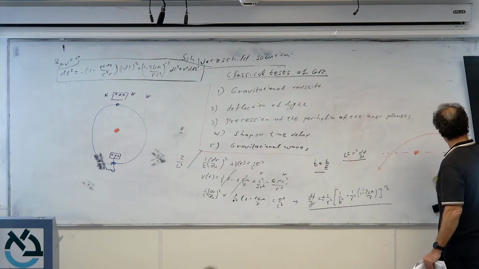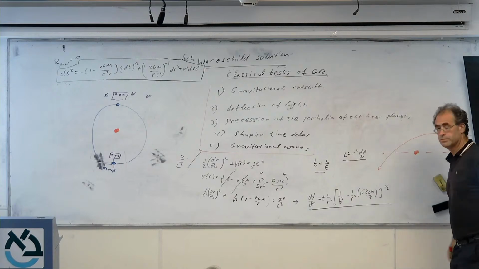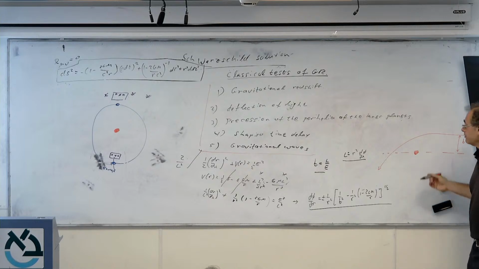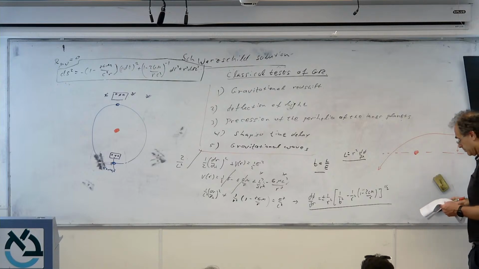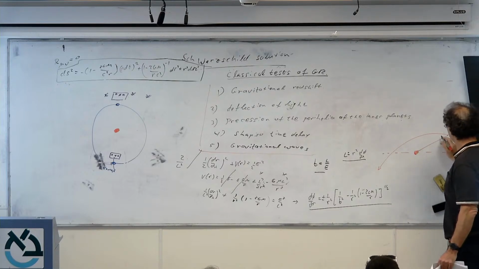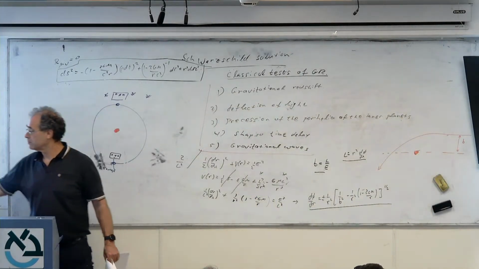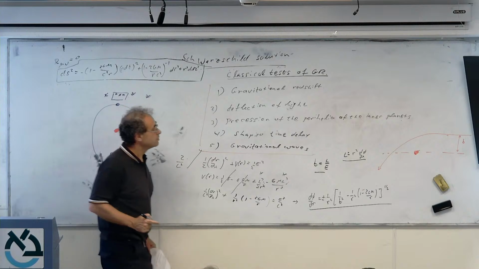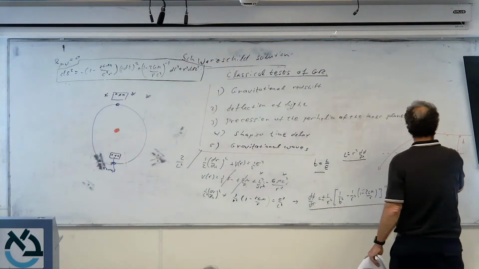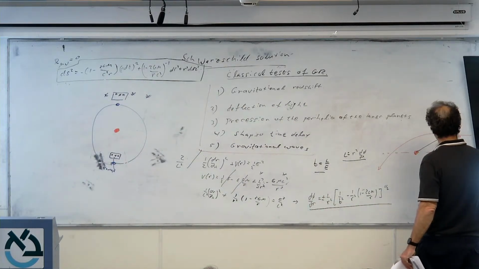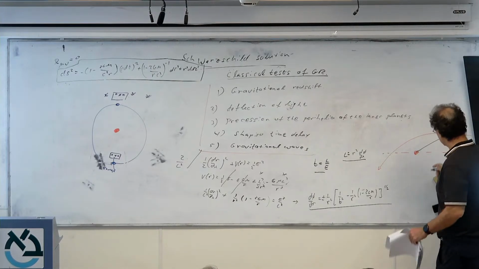This is b, the impact parameter. At infinity, I'm taking it parallel to the direction and seeing how far it is from the central object. So b equal to 0 means it goes straight in. This is r, and this is phi.